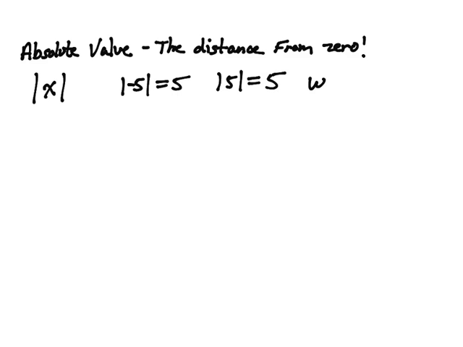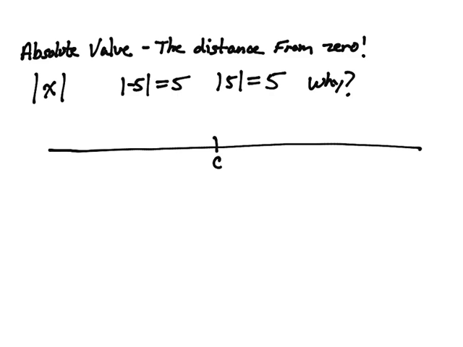And then you're probably saying, well, why? Well, if you do a number line, and you plot -5 over here, so that's a point, and then you plot +5 on the other side of 0 as your second point. Well, I ask you, what is the absolute value of -5, and what is the absolute value of +5?